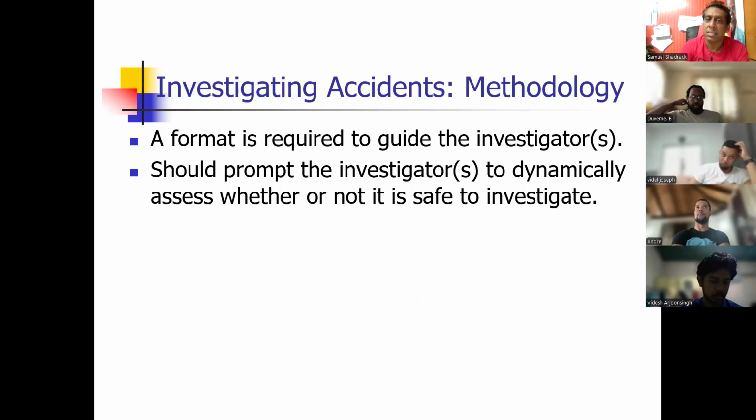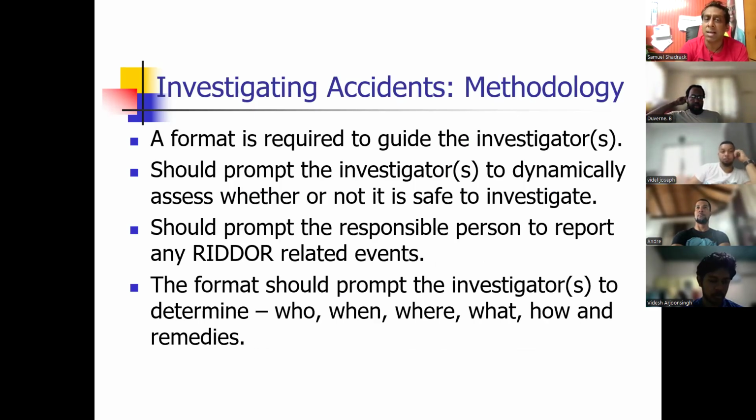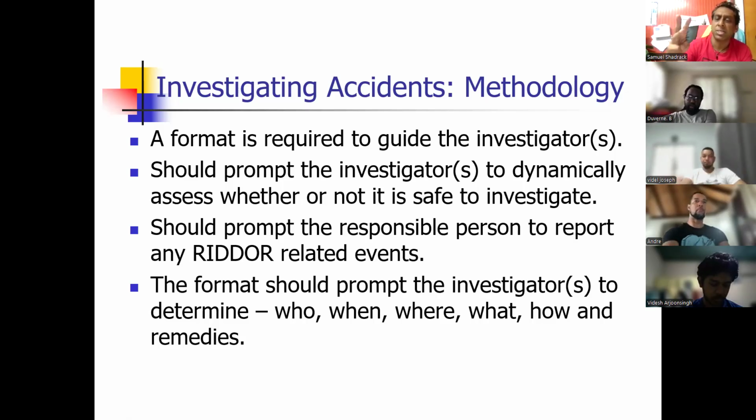So as an investigator, you need an accident investigation form. And we could probably just talk about what is on the form because that itself is not a question, right? Like what is on the form would be the name of the injured person, the location of the accident, where it happened. So just lots of information, right?